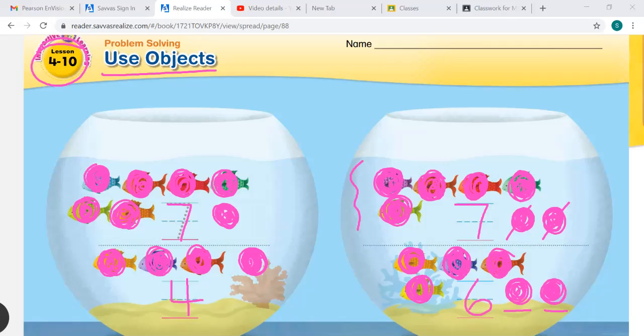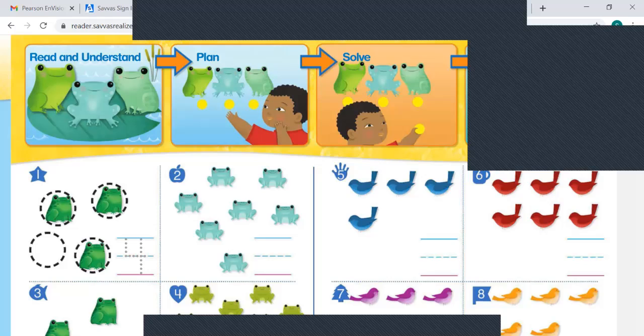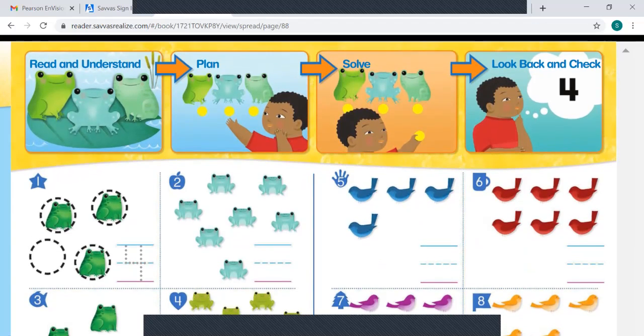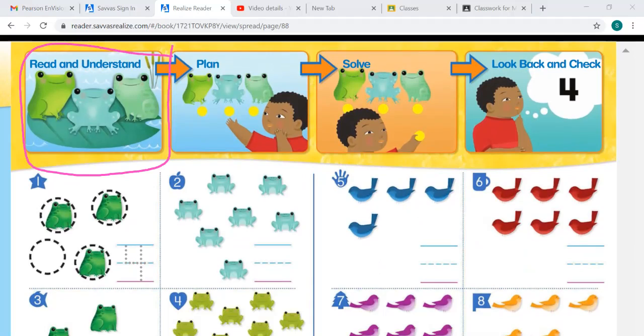All right, let's turn our page over. Let's look at our first box here. How many frogs do you see? 3. How many would there be with one more frog? How can we find out? Well, let's look at our second box.